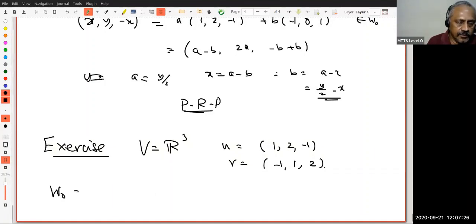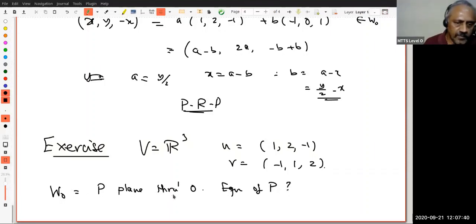So W naught, we want to say it's a plane passing through the origin, and I want to find the equation of the plane. This is all we want. So proceed as earlier, and find out the plane is given by minus 5x plus y minus 3z is 0.